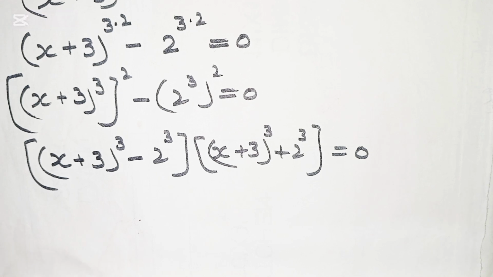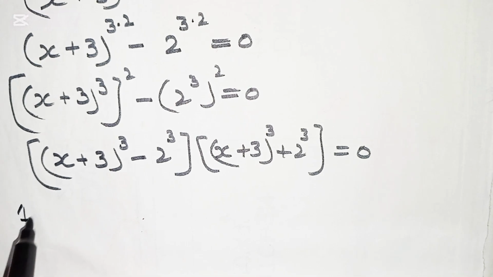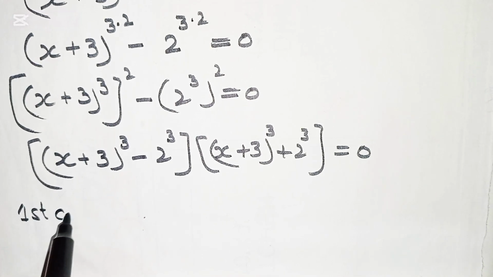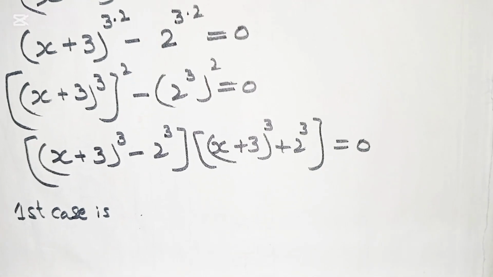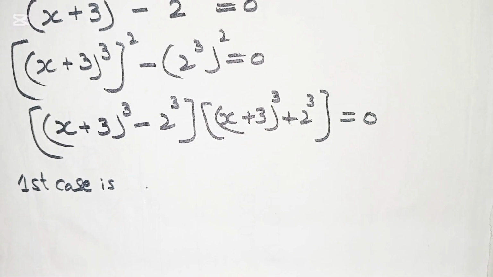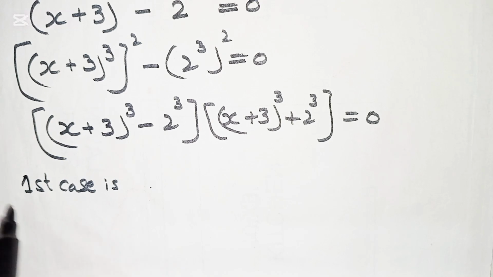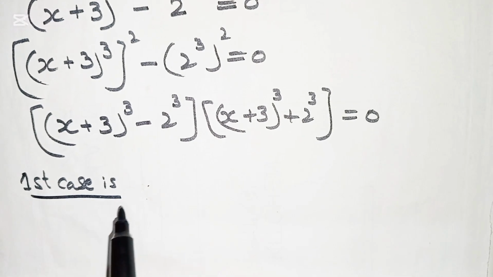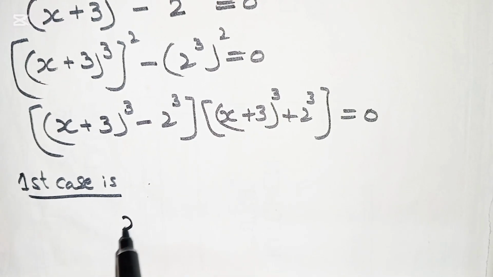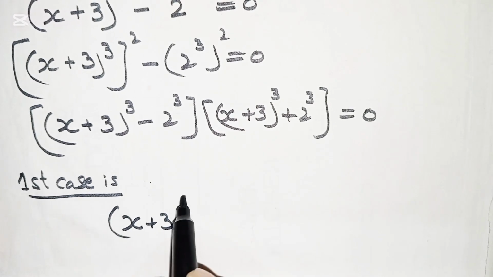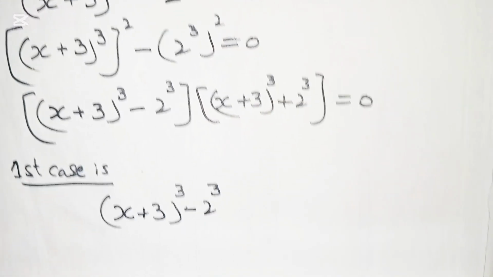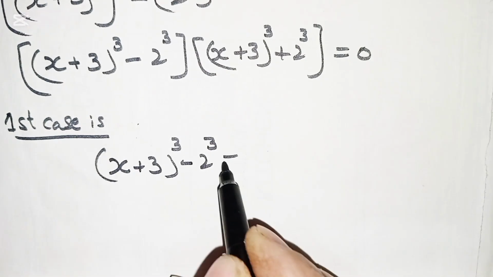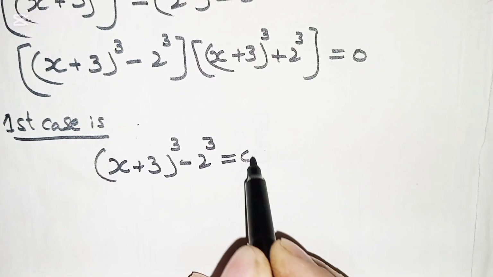So here the first case is (x+3)^3 minus 2^3 equal to 0.